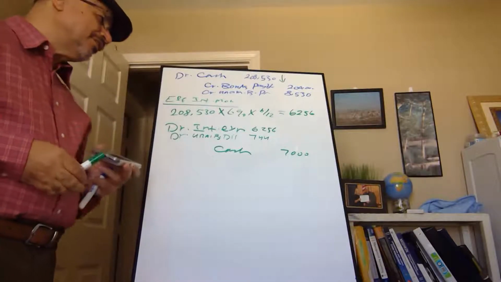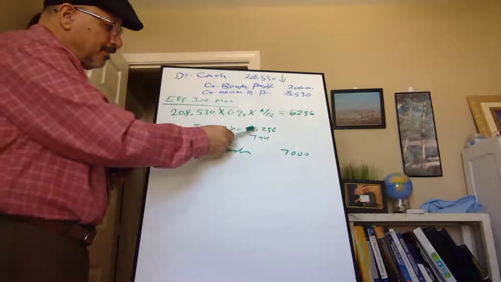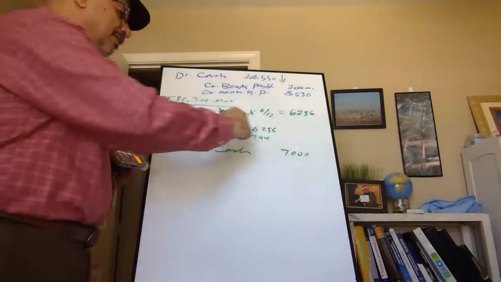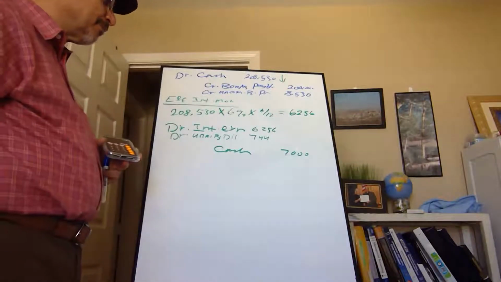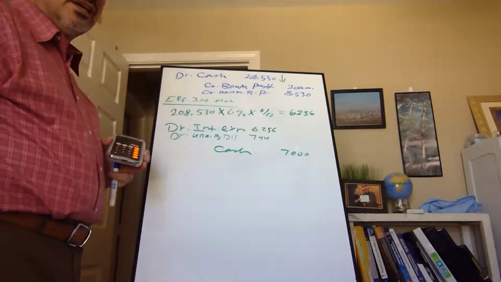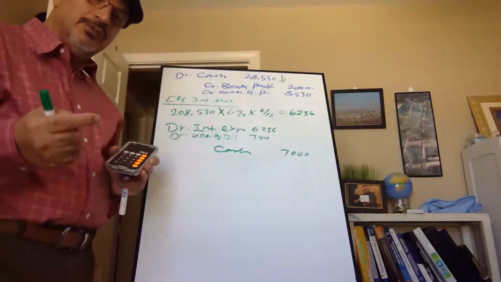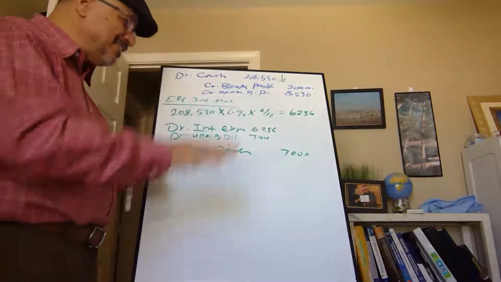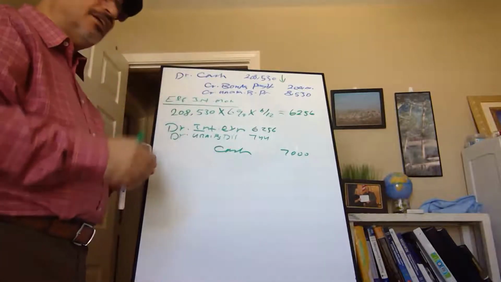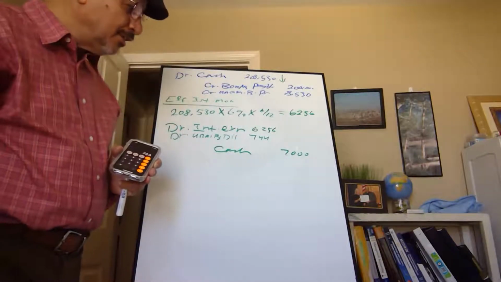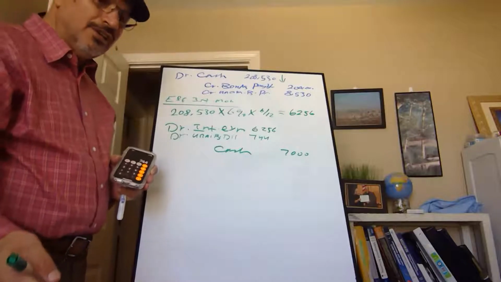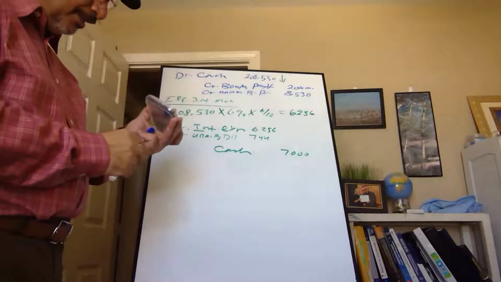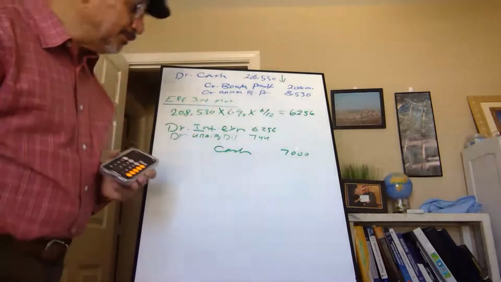Notice, guys, that the interest expense is a little bit smaller than what we pay, and that is because of the premium. The premium has the tendency to lower what we recognize in interest expense, and the discount, as we saw earlier, has the tendency to raise the interest expense that we have to recognize.